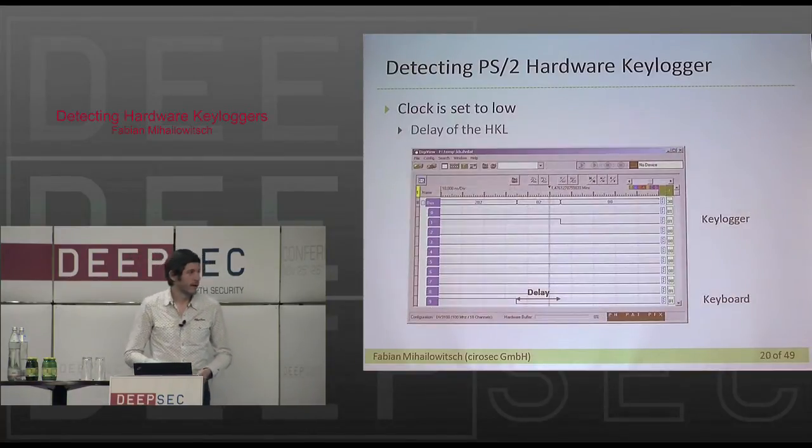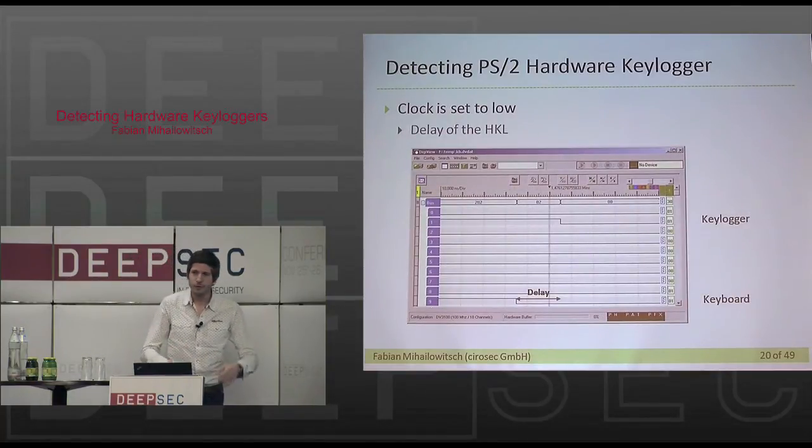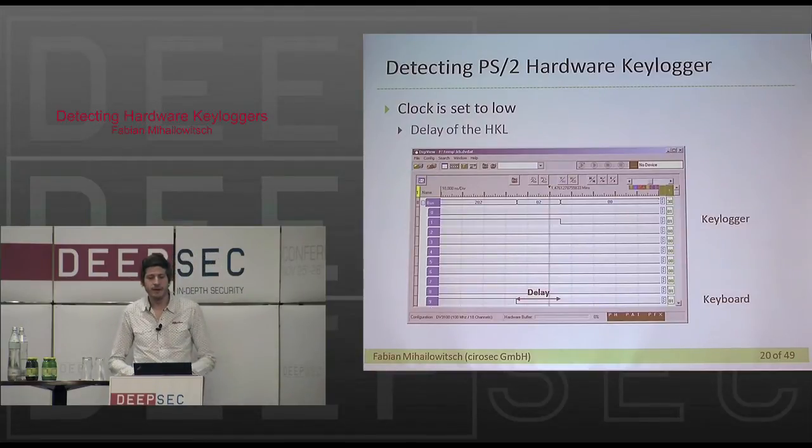But if you take a closer look at it and try to zoom in, analyze it in more detail, you can see when the clock in that example is pulled low, the keyboard pulls the clock low, and the keylogger does the same, but with a slight delay right here.